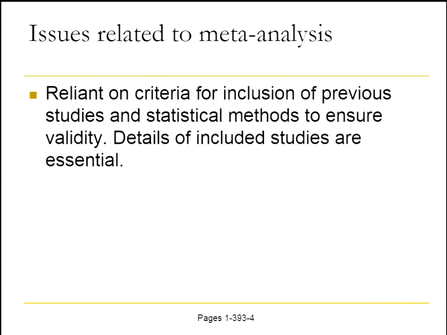All right, so just like a randomized controlled trial, a meta-analysis must be transparent in its methods section in terms of telling us how they selected the different types of studies that are included in this type of study.